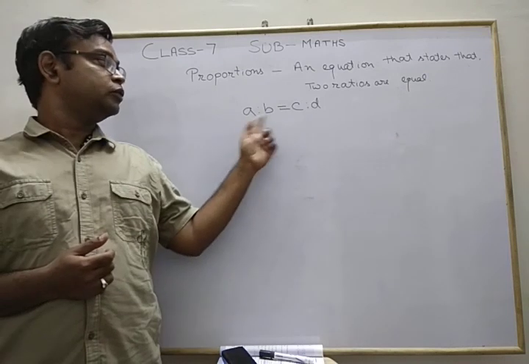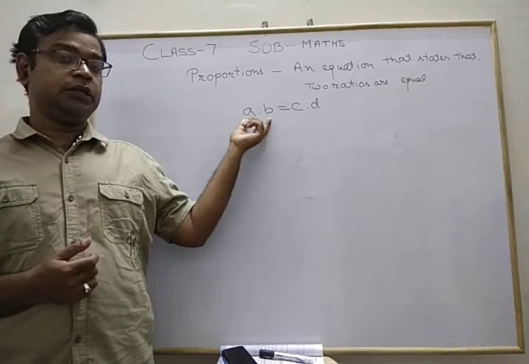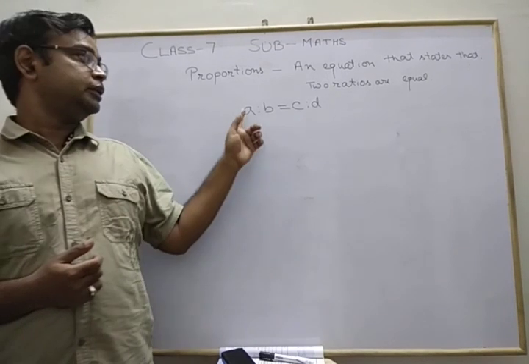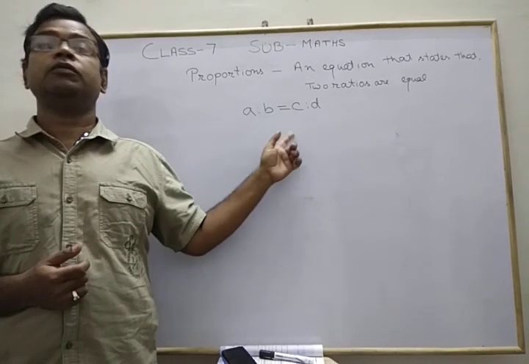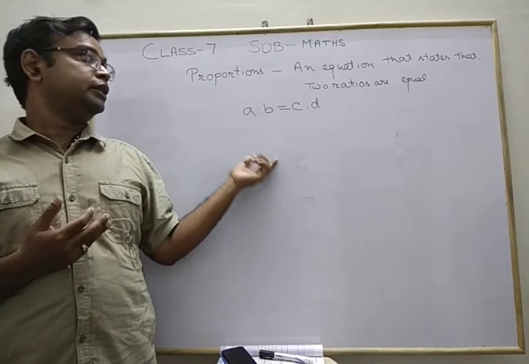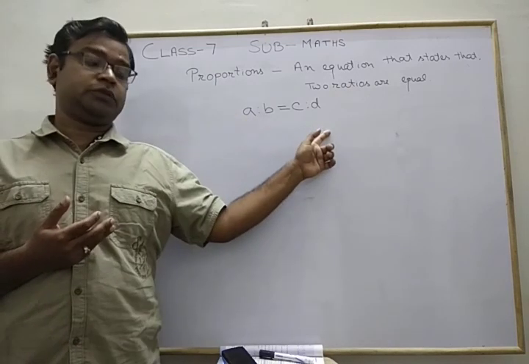Suppose there are two ratios, A ratio B and C ratio D, and we observe that these two ratios are equal to each other, then we can say that they are in proportion.